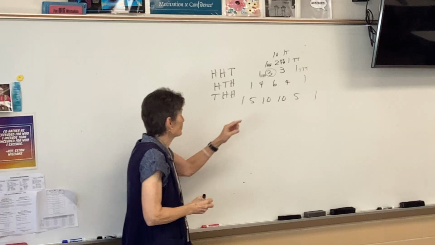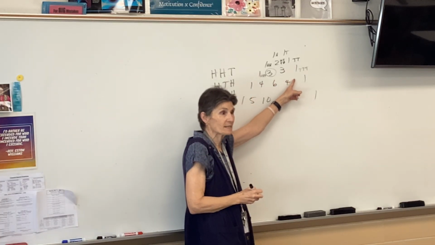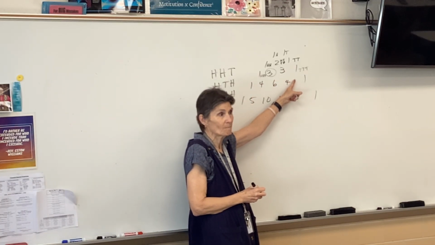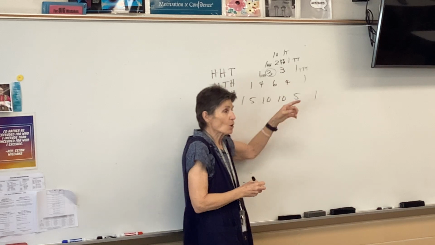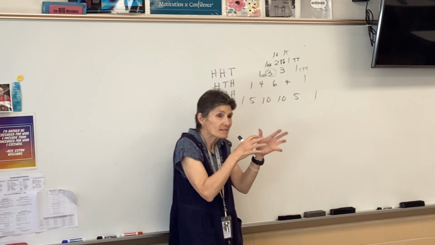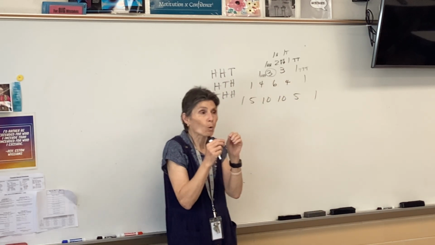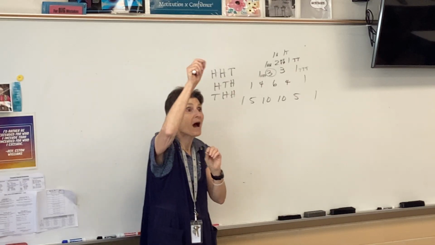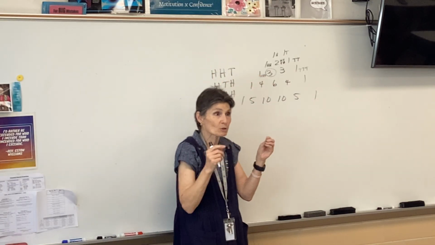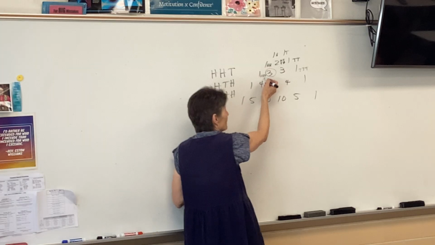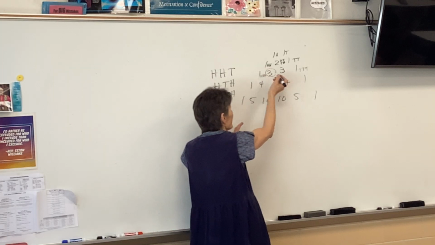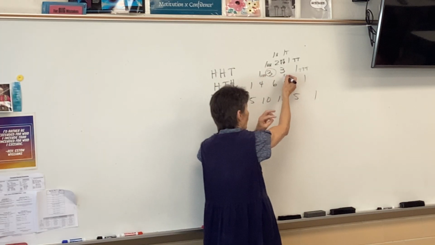And then similarly, there's three ways to get two tails and a head. So the number of heads and tails corresponds to the powers on your letters when you expand. See? How many heads? 3. How many heads? 2. 1, 0.